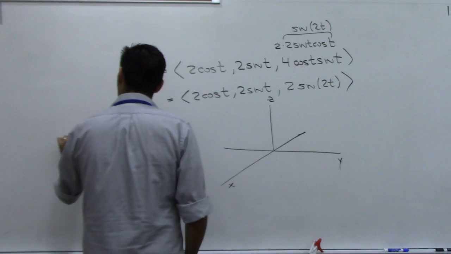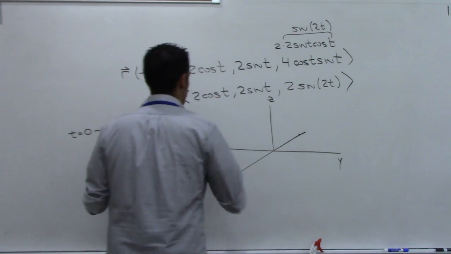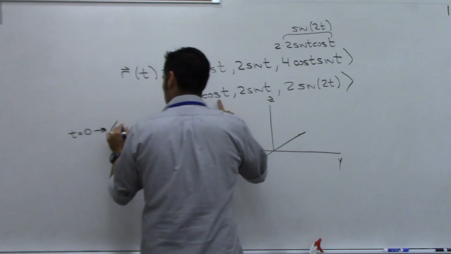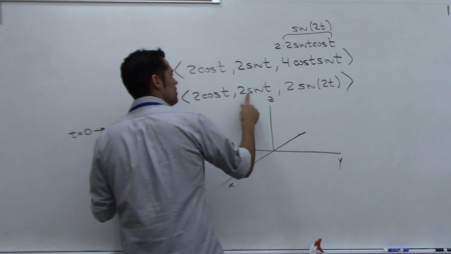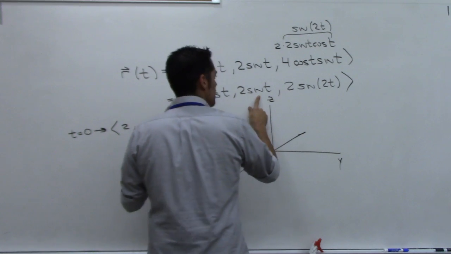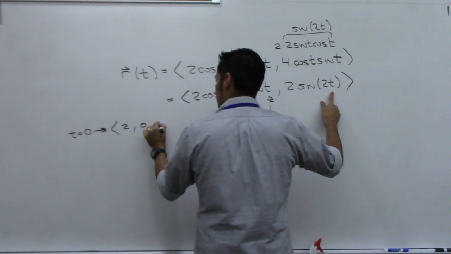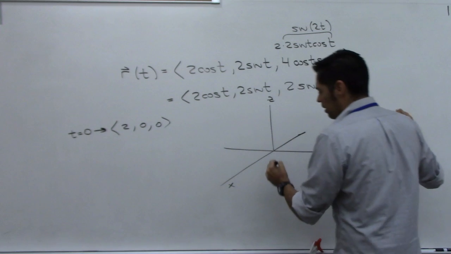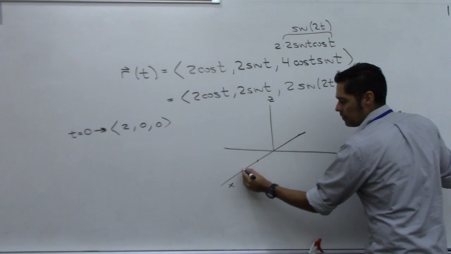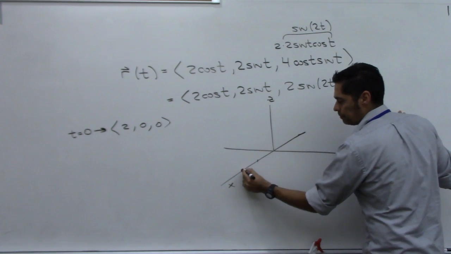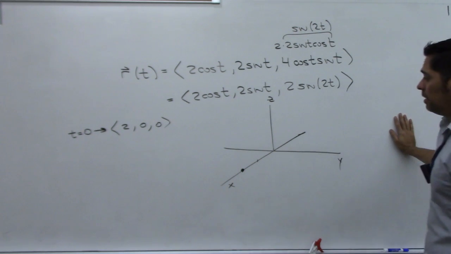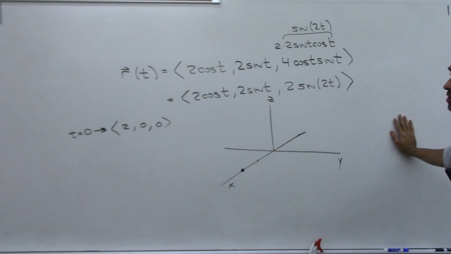Let's let t be 0 and see what we would get. Cosine of 0 is 1, so that's 2. Sine of 0 is 0, so that's 0. And then sine of 0 is 0, so that's 0. So we'd be out here at 2, 0, 0. That point lives on the cylinder, and it lives on the weird surface.